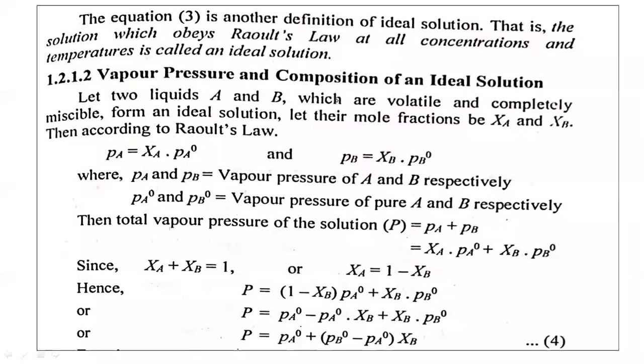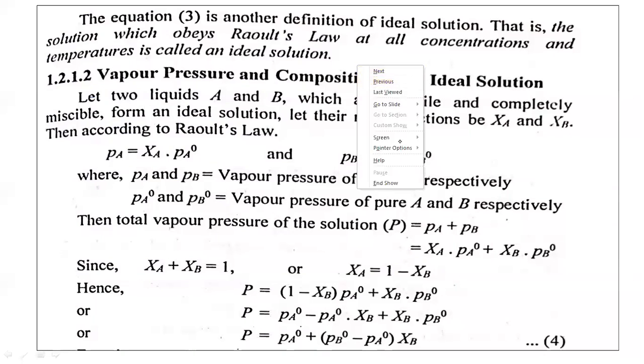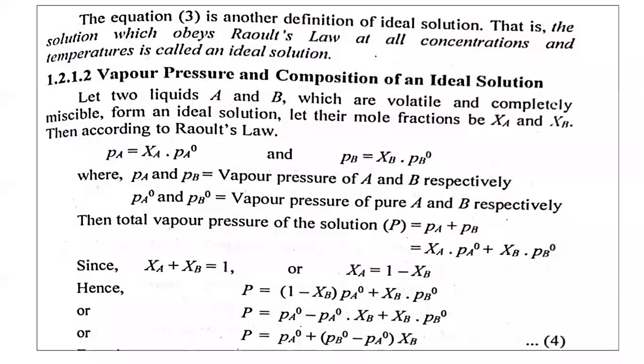That is, the partial pressure or vapor pressure of the component, Pi, is equal to the product of Xi and Pi0.